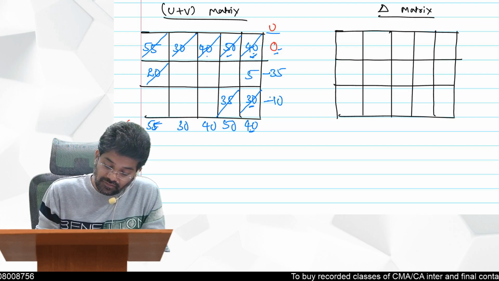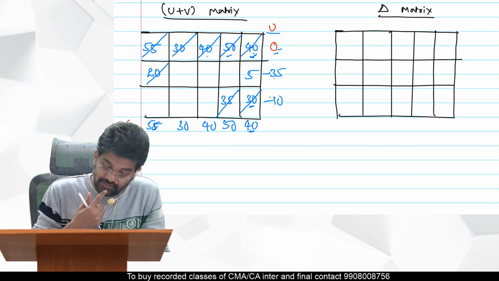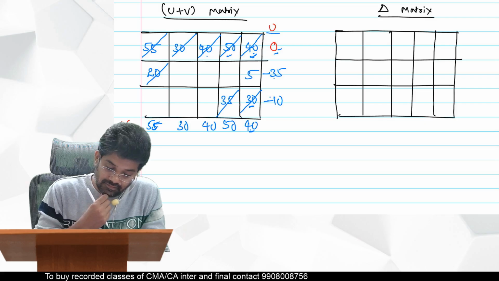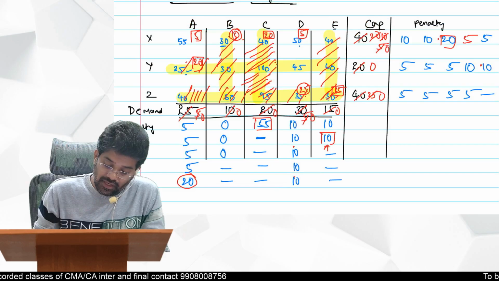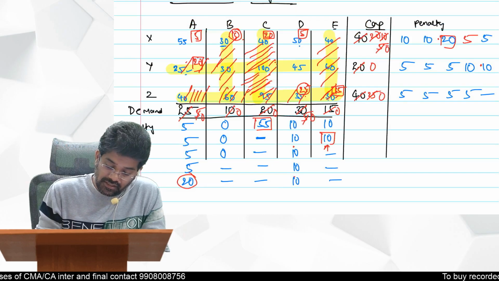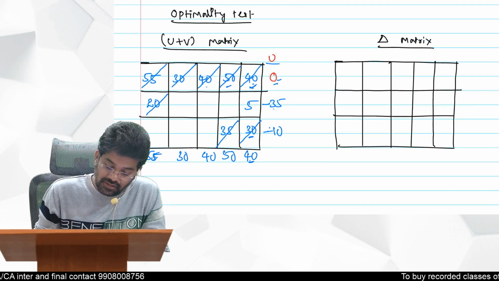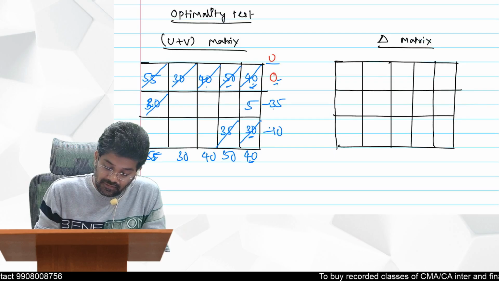Next, 30 minus 35. This it is not 20, I guess. 35, sorry. Here it is 35 is the cost. This one is 35.